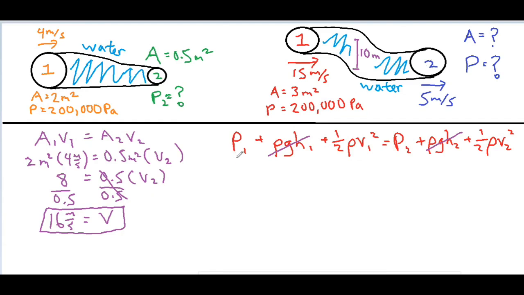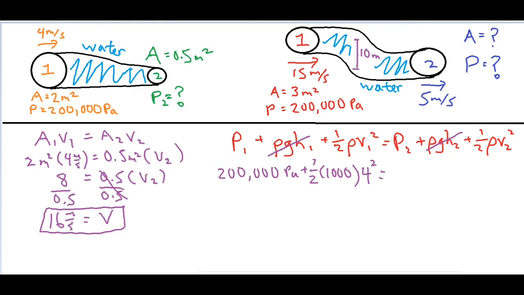Then we have the pressure for our first opening as 200,000 pascals, plus 1/2 rho v1 squared. So 1/2, and rho, the density of water, is a constant of 1,000 kilograms per meter cubed, and we know that velocity is 4.